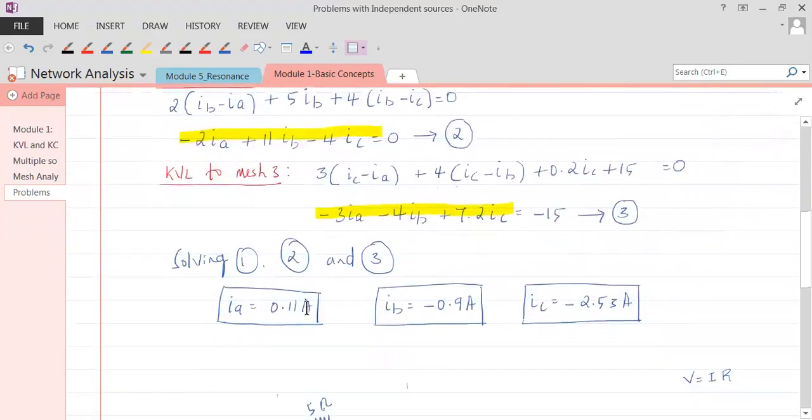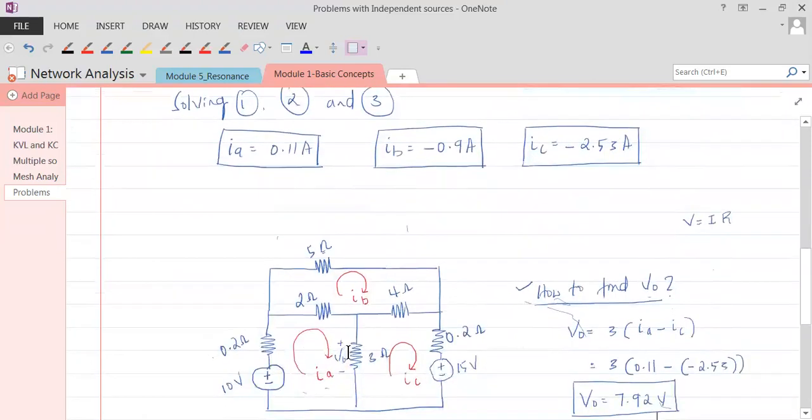Once you have these mesh currents in hand, how to find out this V0 is what we have seen.